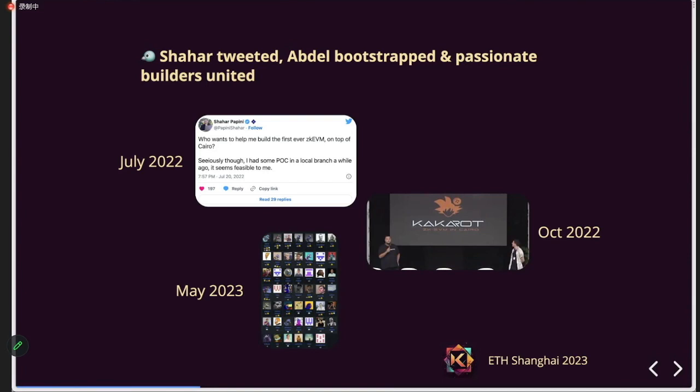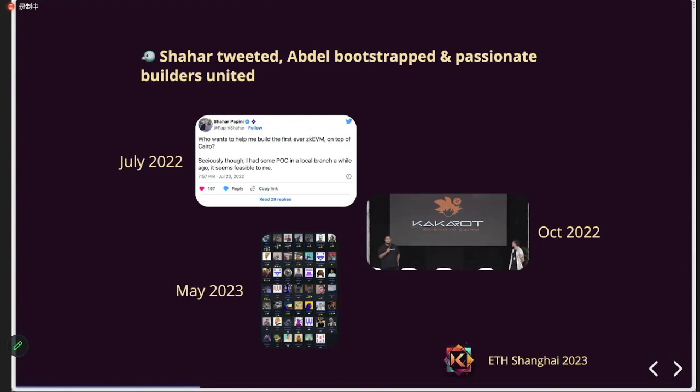An easy way to think about it is, well, Geth, the most used Ethereum execution client, uses Golang as a programming language to write the EVM, and they implement all the opcodes, which are the lowest level instructions that the VM can process, in Golang. Well, we rewrite them in Cairo. So this is the only difference. And then we can prove Cairo, so we get the zkEVM. So he thought, okay, let's write a zkEVM in Cairo in July 2022.